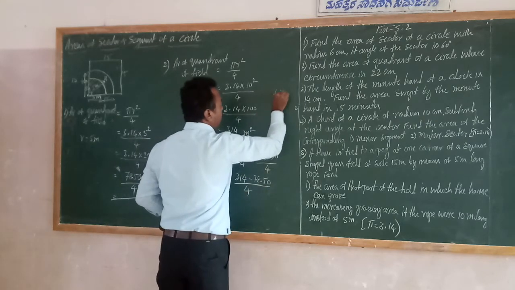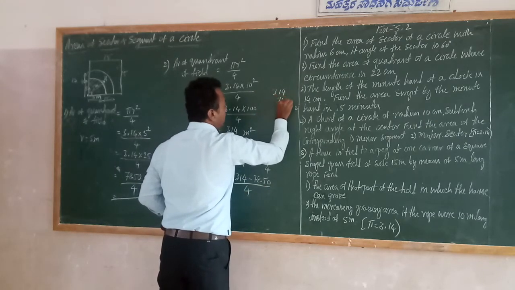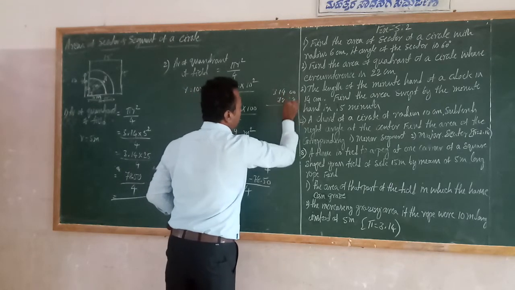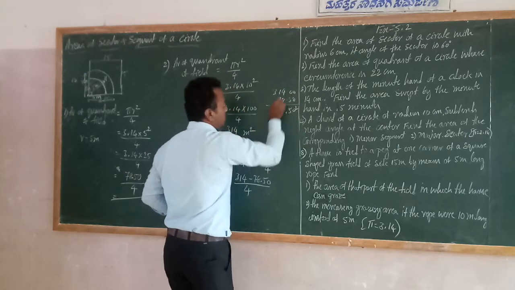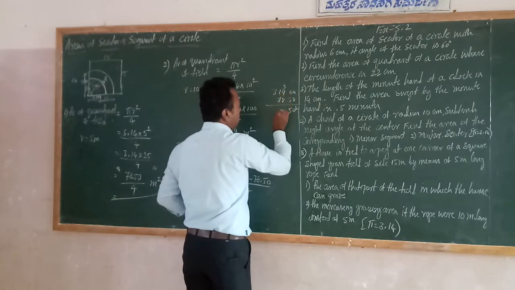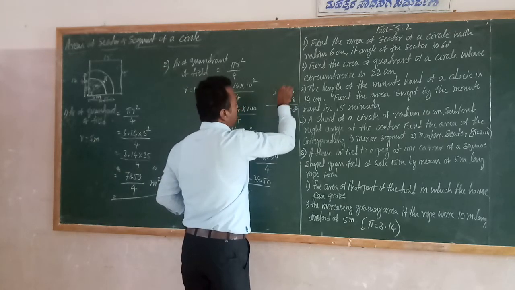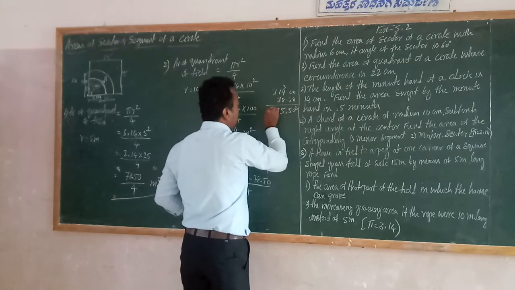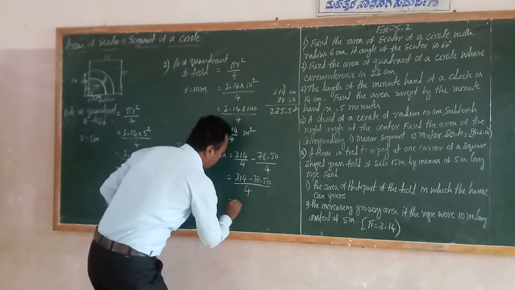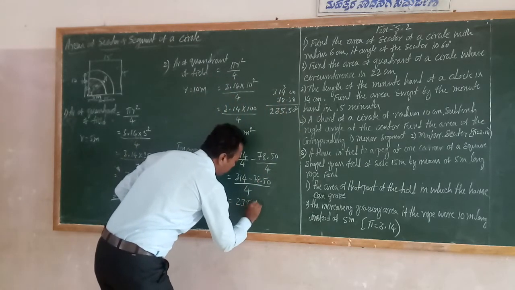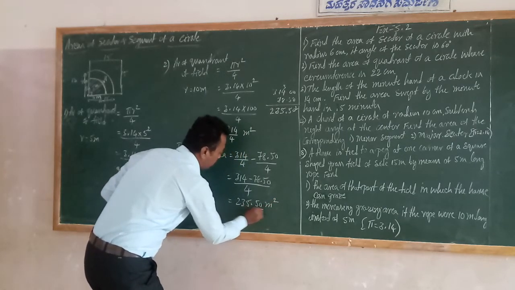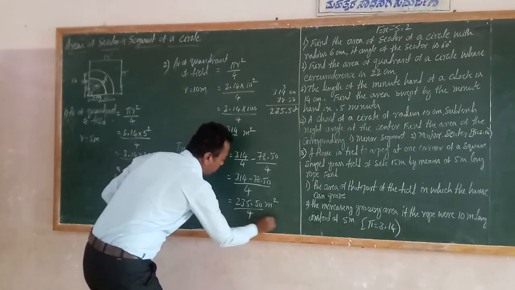So I subtract 314 and 78.50. 10 minus 8 is 2... the result is 235.50. So 235.50 divided by 4 meter square.